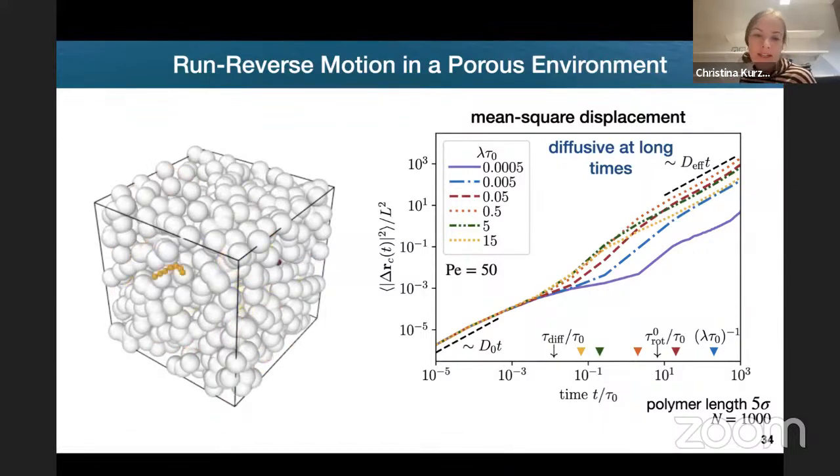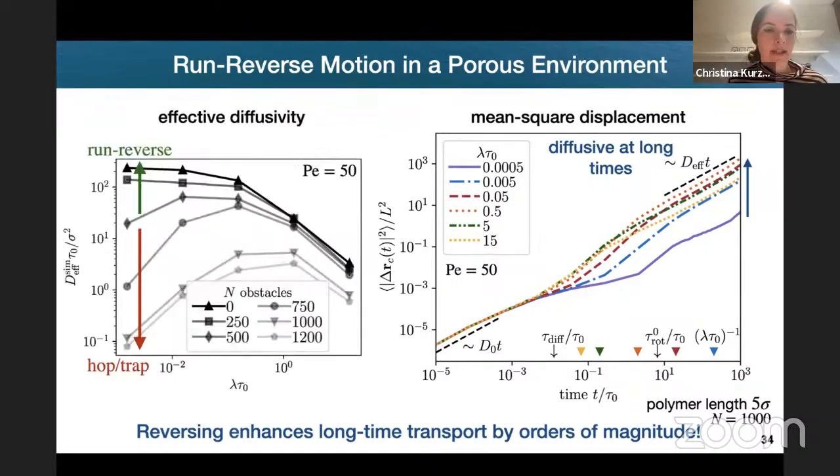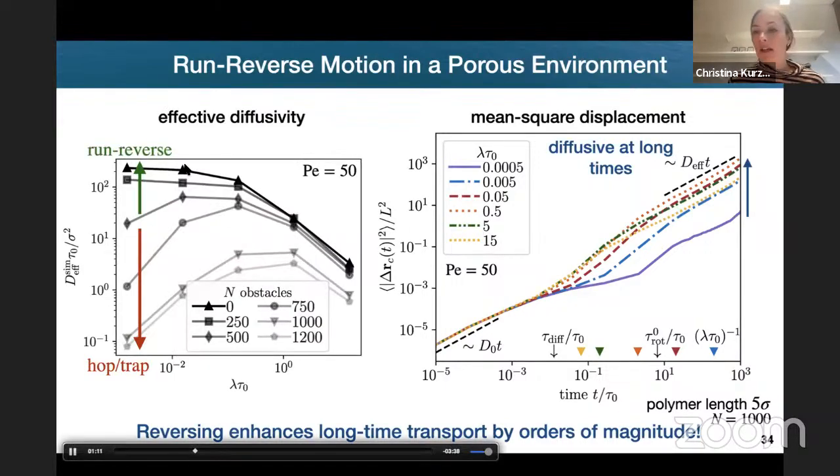But there's one more thing that you notice. The behavior is non-monotonic, because the maximum effective diffusivity that you can get here is at an intermediate reversal rate.